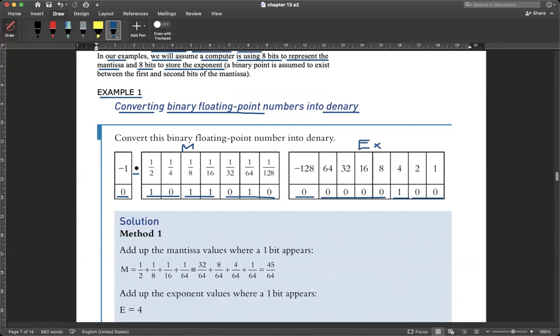One more very important thing you have to understand, guys. Maybe in your exam, you will not get the registers like that, so you have to draw the registers on your own. For mantissa, you need to write down the values in fraction, like 1 over 128, 64, 32, 16, 8, 4, 2, and -1.